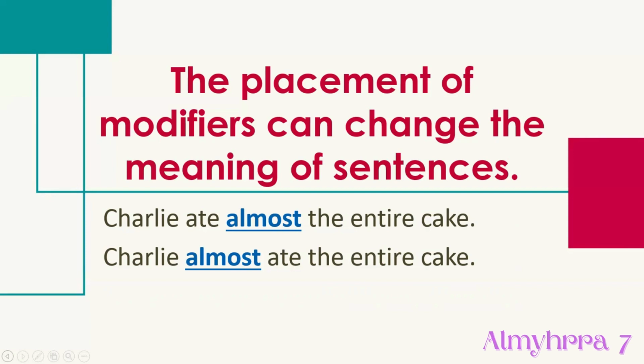Now here, almost means Charlie mostly ate the whole cake. Another one, Charlie almost ate the entire cake, would mean that Charlie was about to eat the entire cake, but the eating did not happen yet.